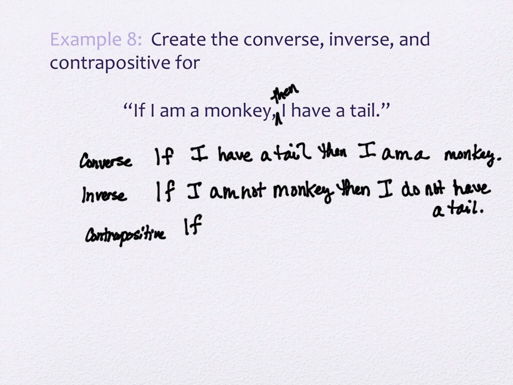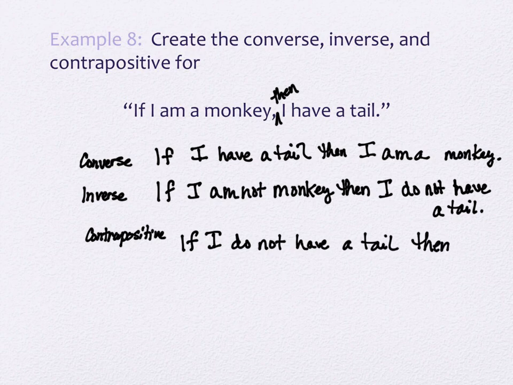And the last one, the contrapositive, what would it be? So we said, if I do not have a tail, so we negated the second part, then I am not a monkey, and that's a negation of the first part. Does that make sense? All right.